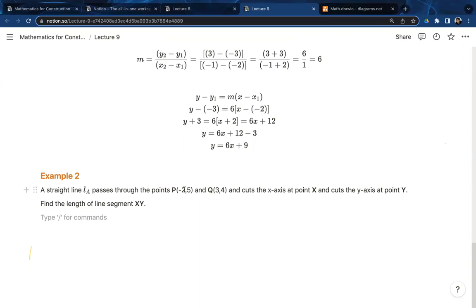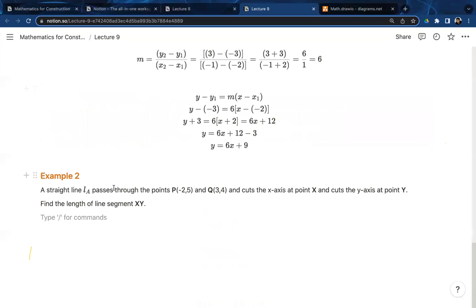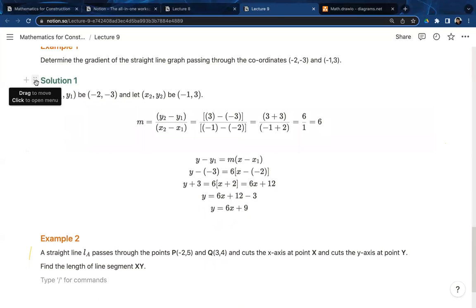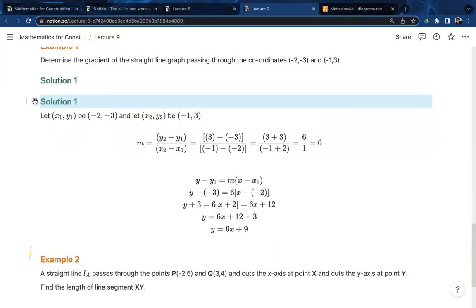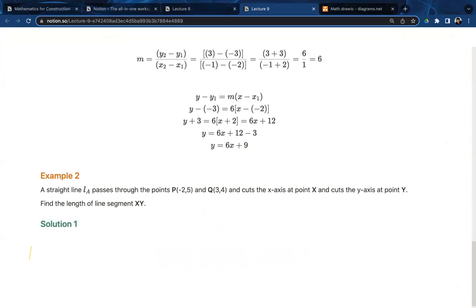So my idea is to use these 2 points to find the equation of the line, and then from the equation of the line, find out where it cuts the axes, and then put that in this formula. So let me try that. And I kind of hinted at that solution in the beginning.